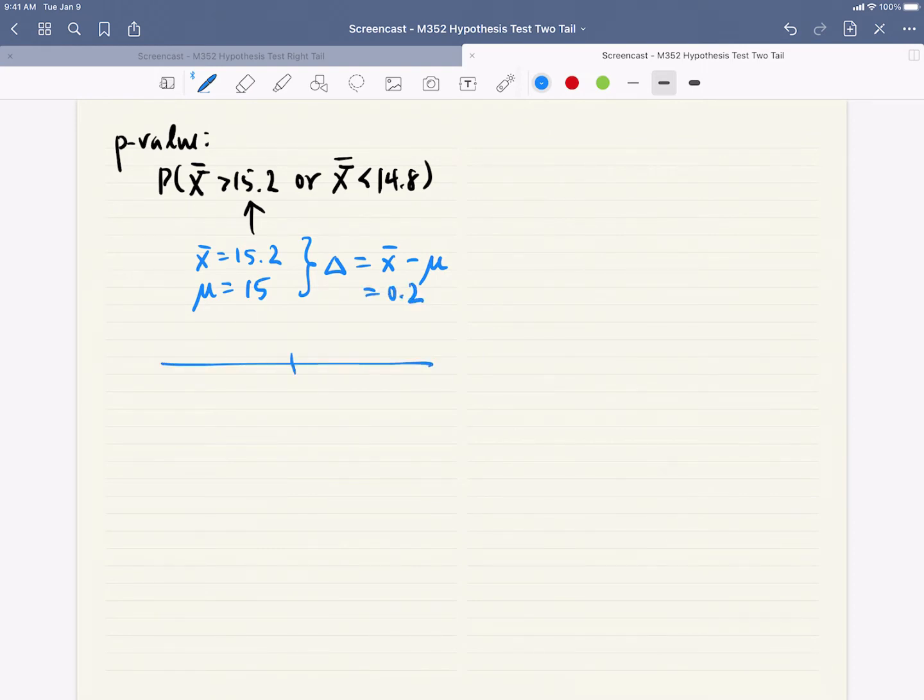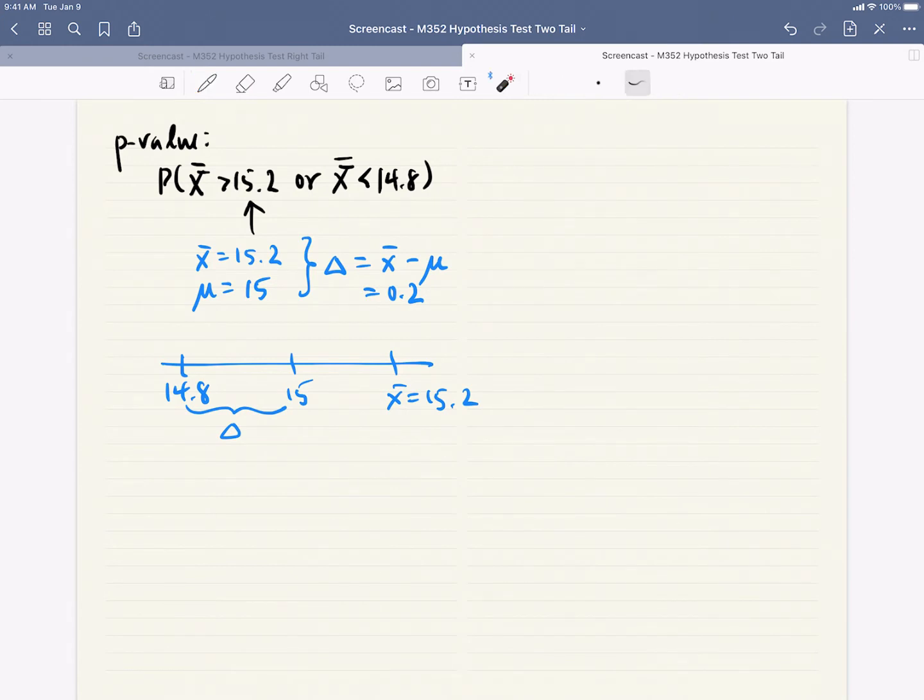So what I'm going to do on my number line is I've got my sample mean at 15.2. I'm going to look at its mirror image down here. So I'm going to go delta to the left of 15, so that's 14.8, and that's going to be my other cutoff point for the other tail.